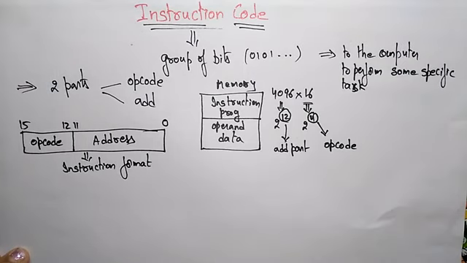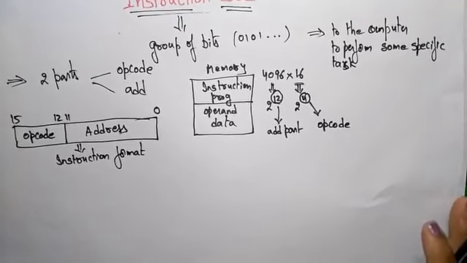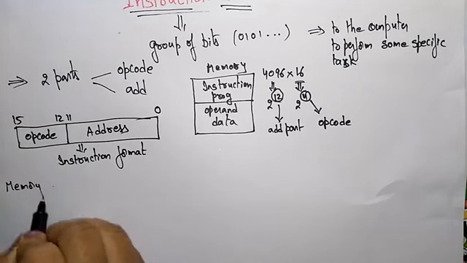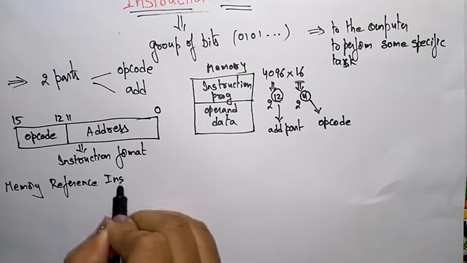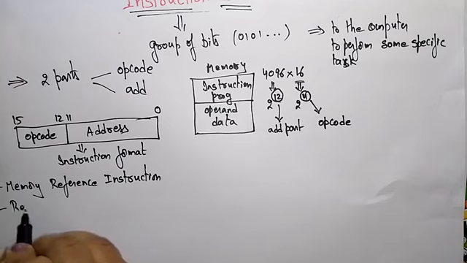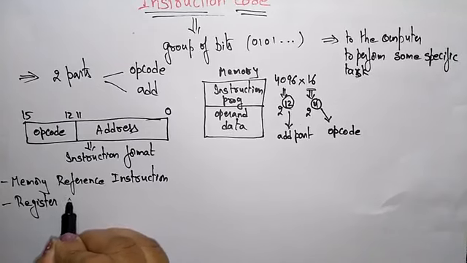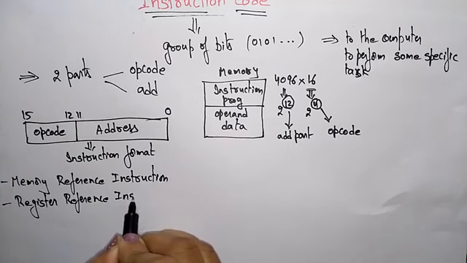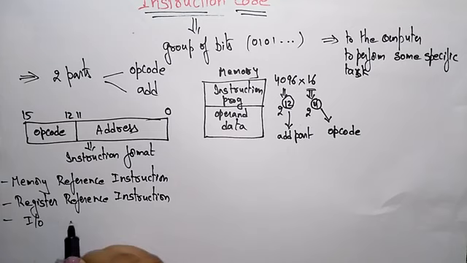Actually this instruction is of three types: memory reference instruction, register reference instruction, or IO reference instruction.